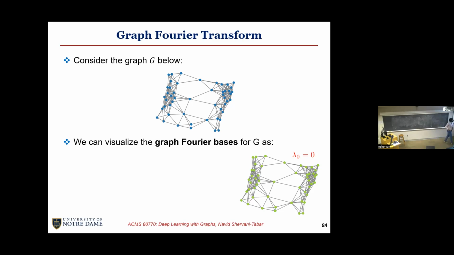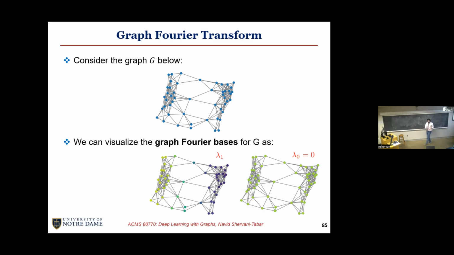Then I'm using lambda 1 as a way to visualize this graph. And I see that for lambda 1, this is a smooth function that varies slowly for similar nodes, the nodes that are connected to each other. So nodes that are connected to each other have similar values corresponding to elements of the eigenvector.